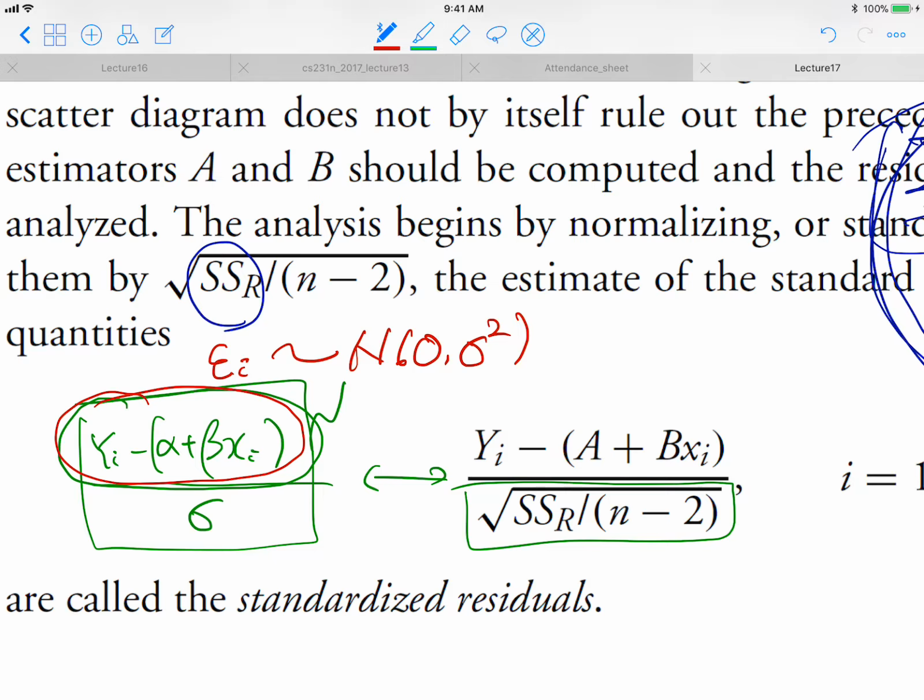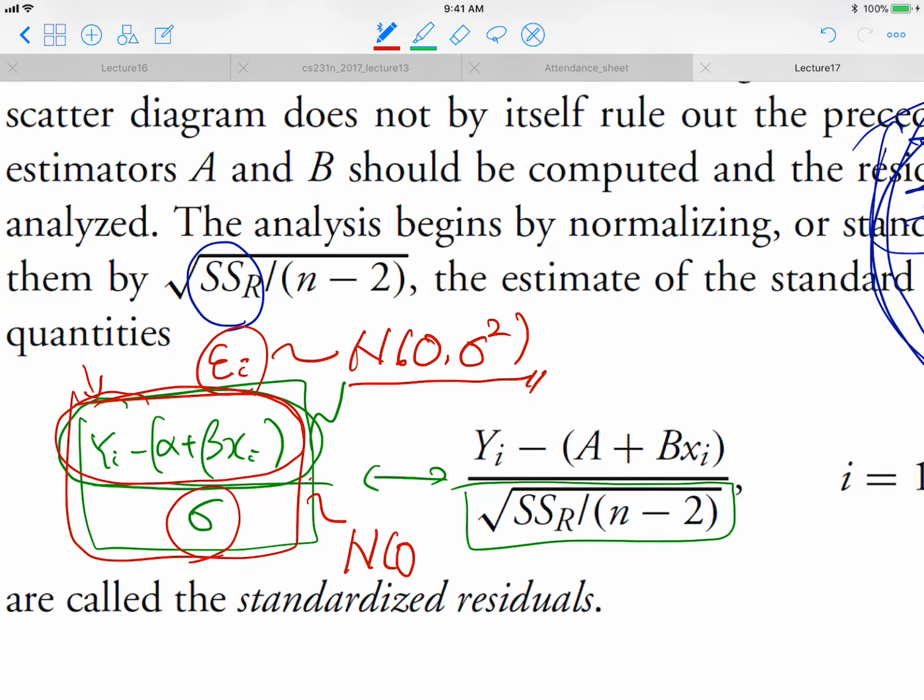And then the numerator is nothing but epsilon i, and then we just scale it by its own sigma value or standard deviation. And then this one will exactly follow normal distribution with zero mean and unit variance, or the variance of 1, right?